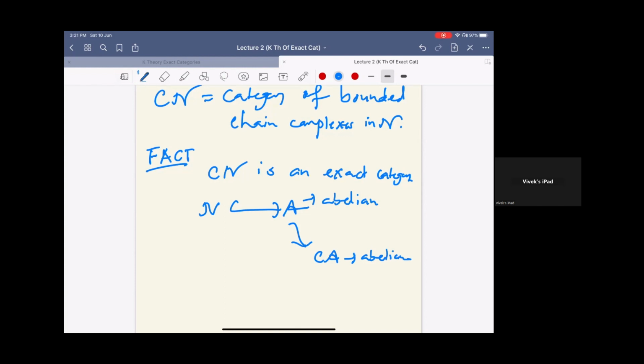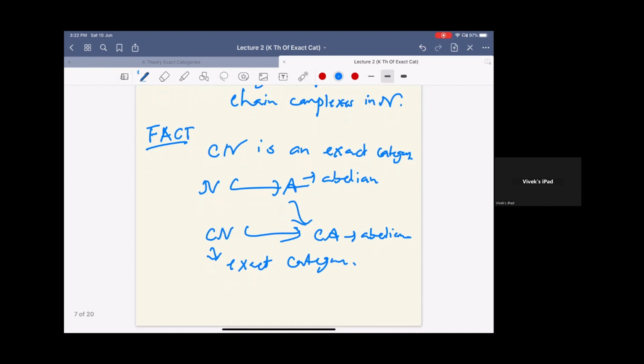So you have a similar embedding C_b(N) into C_b(A), and as every abelian category is an exact category, the exact structure is induced from C_b(A). We also saw one lemma that if N is a subcategory of M and M is exact, then N is also exact with the induced structure. So in that sense, C_b(N) is also exact. So any category of bounded chain complexes in an exact category is again an exact category.